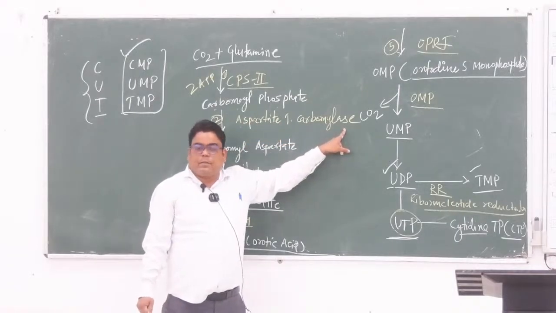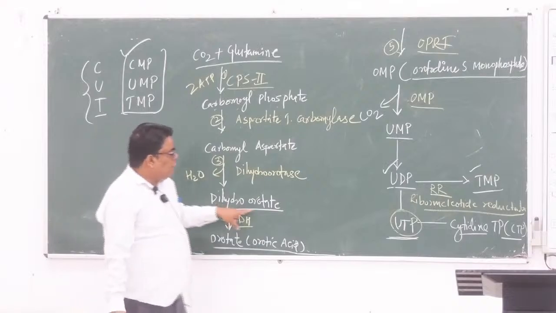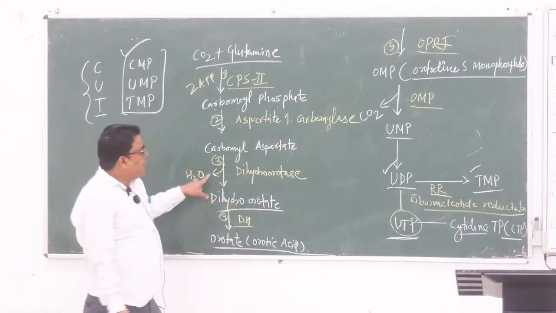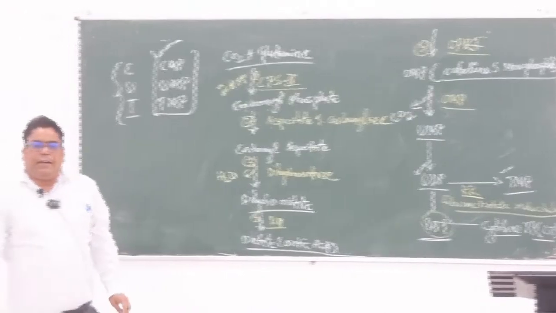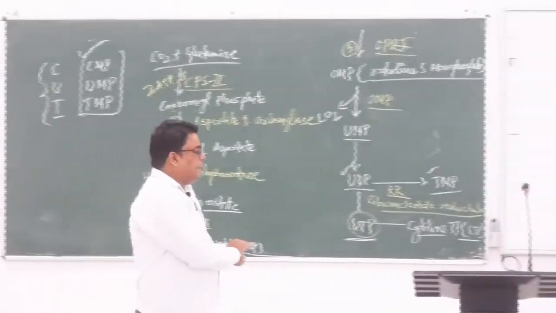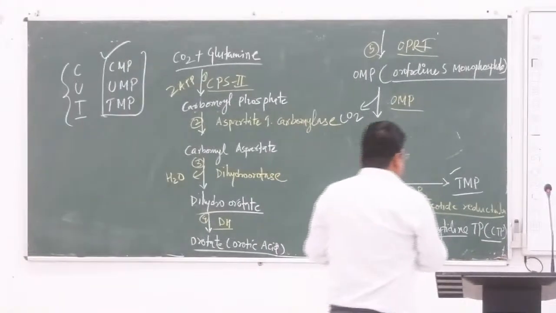In the next step, dihydroorotate is formed by the enzyme dihydroorotase. So now we understand how many enzymes are there in this cycle.